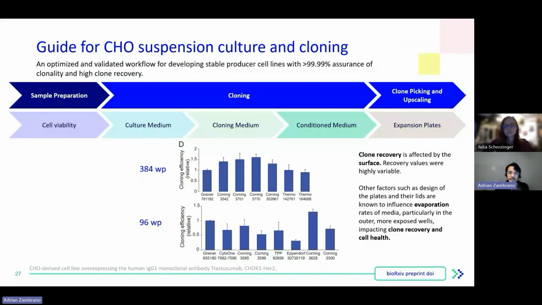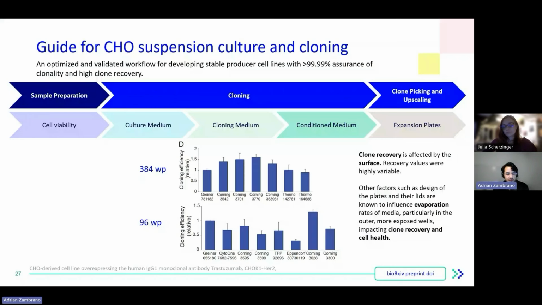And finally, we also did a similar test as I showed for the HEK lines, and we were looking into the effect of the well plates, and clone recovery is obviously affected by the surface of the well plates. And as you can see, the results are variable in this case. It's not only the surface of the well plates, but also other aspects such as the shape of the wells and things like that.